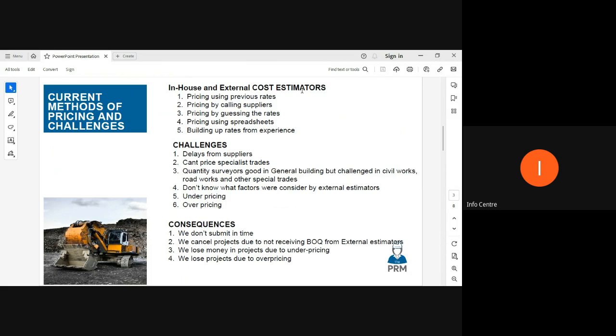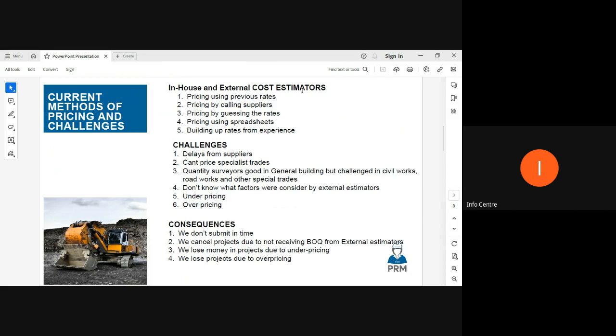Number two, sometimes they actually advertise as though they are selling X, Y, and Z, but in truth, they're actually selling X, and for Y and Z they have to call other suppliers to give them the rate so that they can add their own markup and then price your particular line item. So that presents a lot of delay on us and obviously makes us uncompetitive.